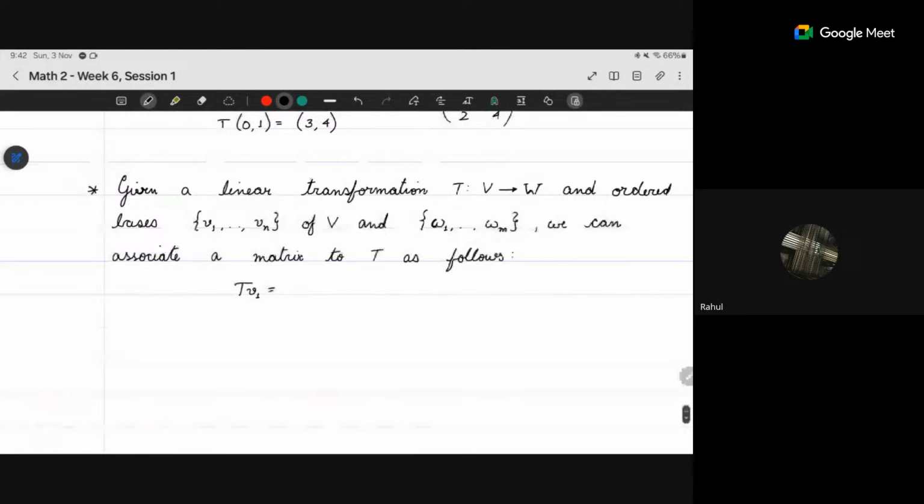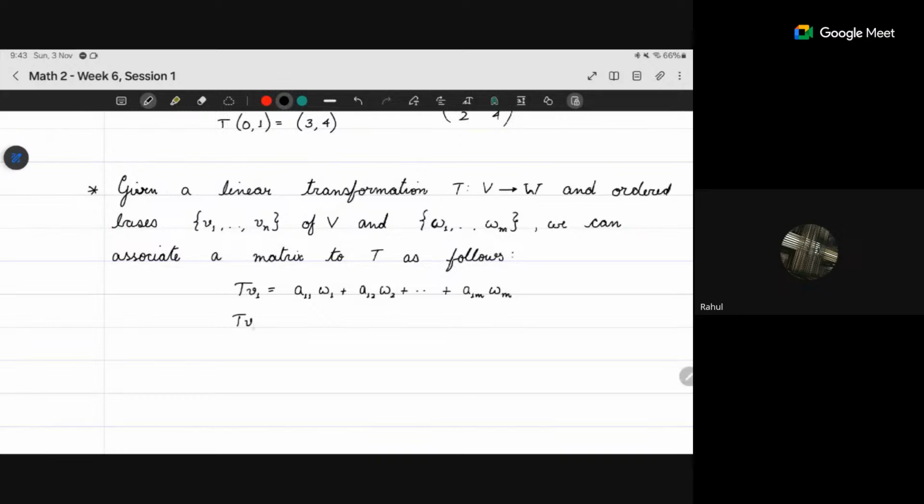So I can express this as A11 W1 plus A12 W2 and so on up to A1m Wm, because T V1 is in W and W1 up to Wm are a basis for W. So I can write any vector in W uniquely as a linear combination of the Wi's.